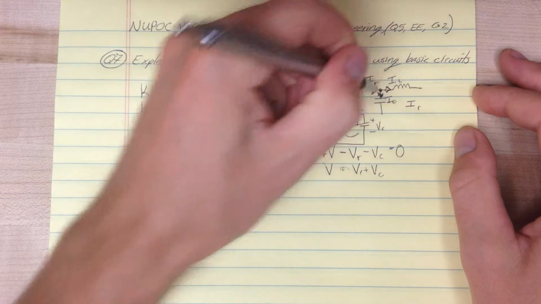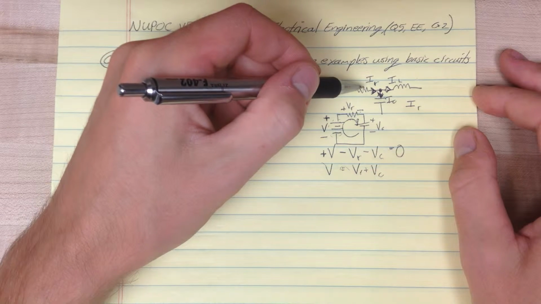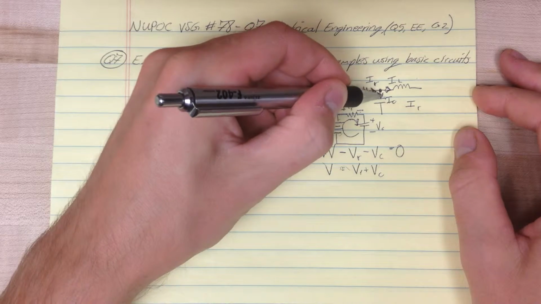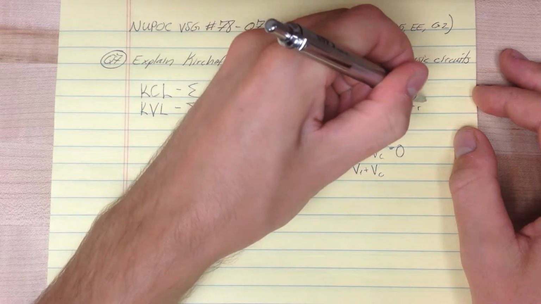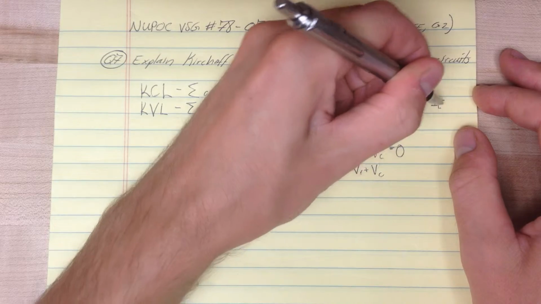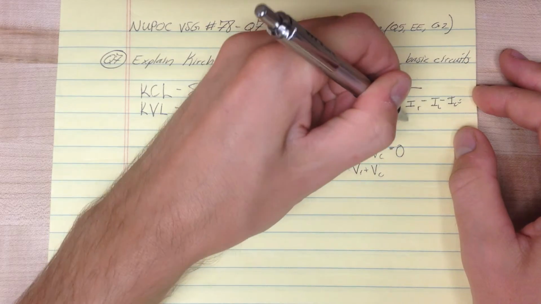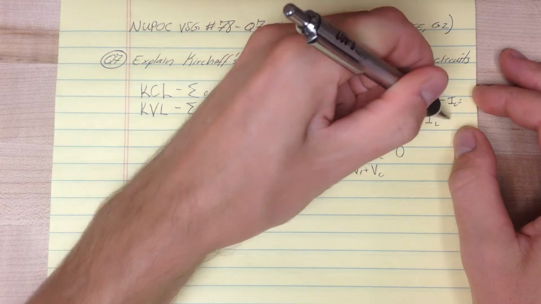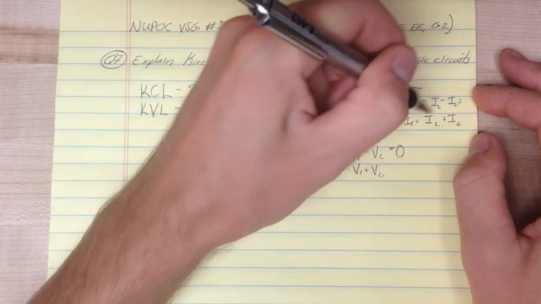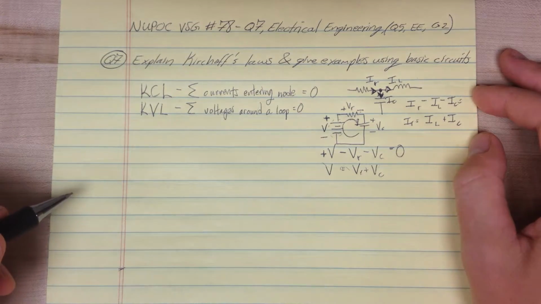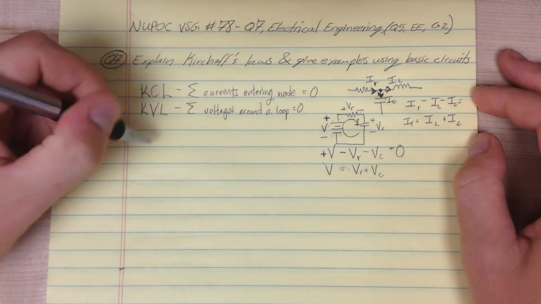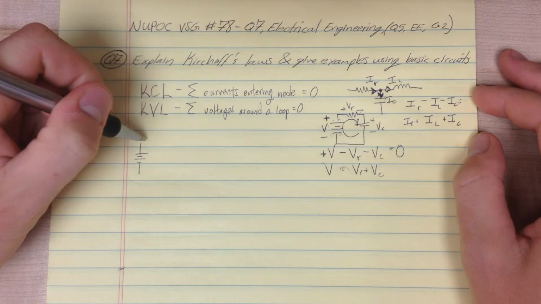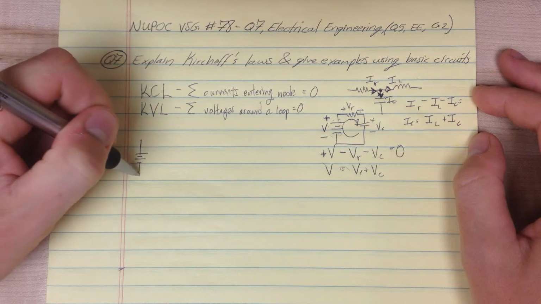If we look at the current entering the node as having a positive sign, and these two currents are leaving the node, it'd be IR minus IL minus IC equals 0, or IR equals IL plus IC. And so if you have a basic circuit, you can use KCL and KVL to come up with equations that will help you solve it.